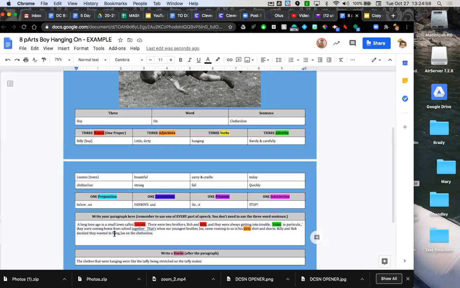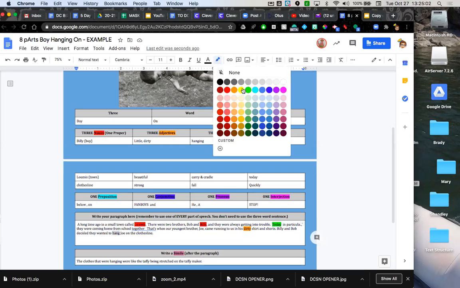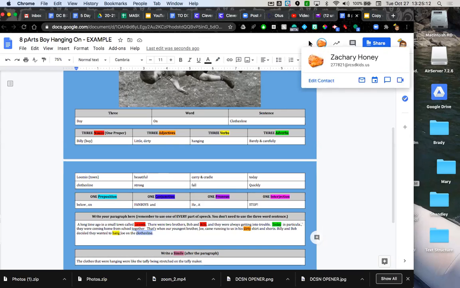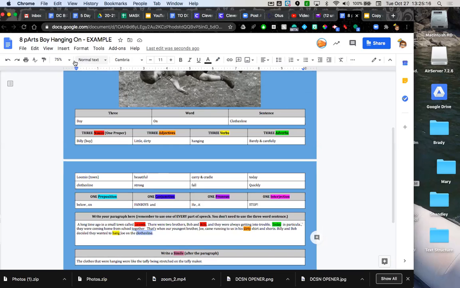I had hanging, but hang is going to be highlighted yellow. Clothesline, that's from my nouns. I'm going to highlight that one in red. You guys should be watching my screen right now, not hopping onto this on your own, please. I can see when you open it up and you're logged in with me. Okay, and I'm going to keep going.